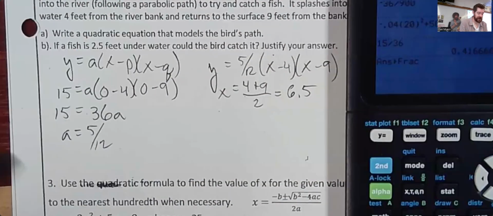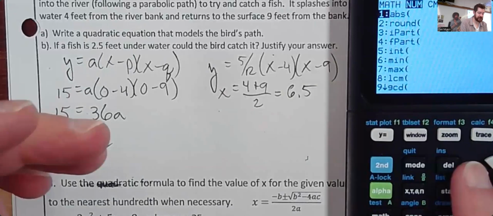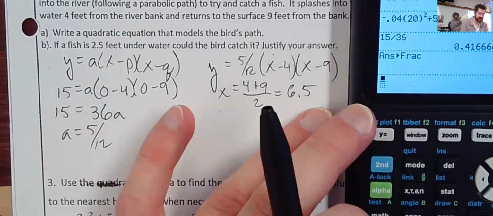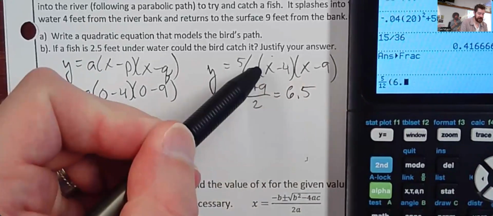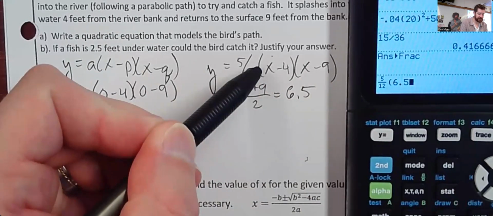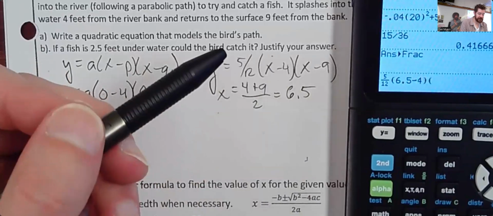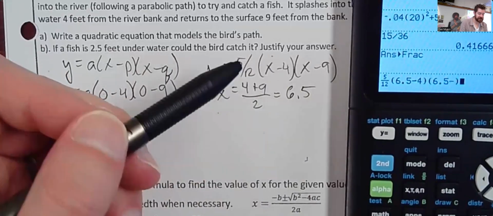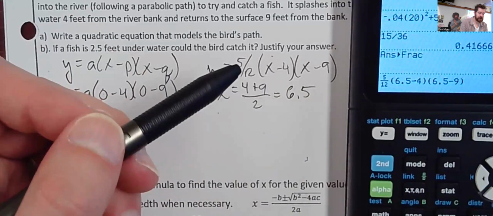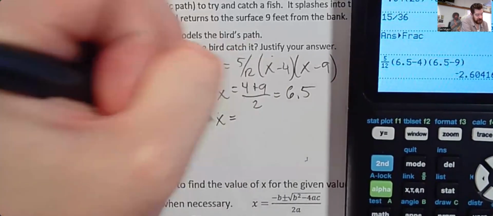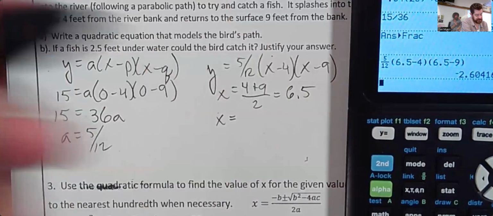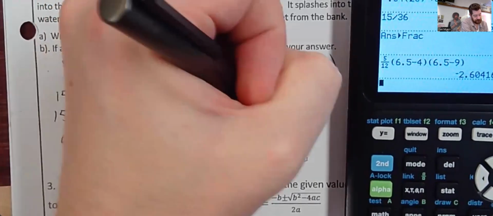All right, so we have the fraction 5/12 multiplied by 6.5 minus 4, close that up, and then 6.5 minus 9, close that up. And that gives us a value of about negative 2.6 feet.